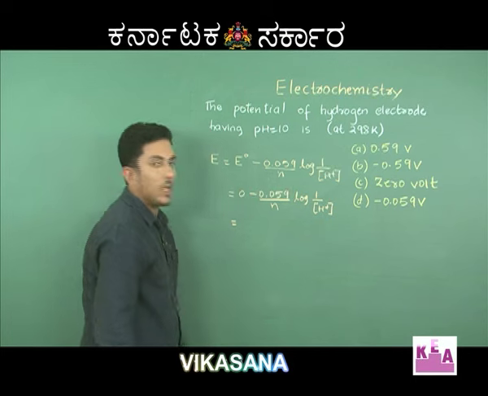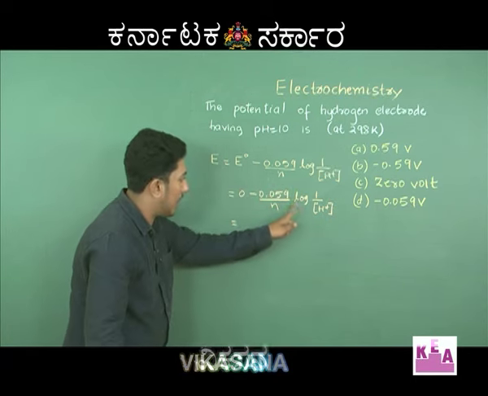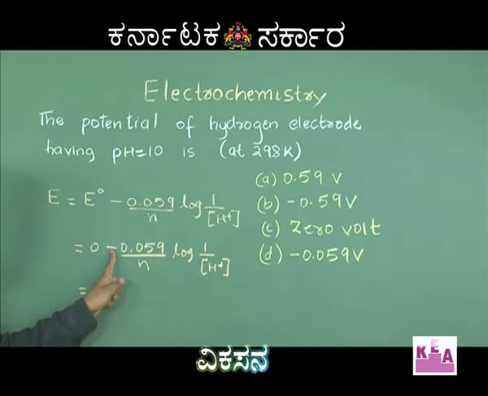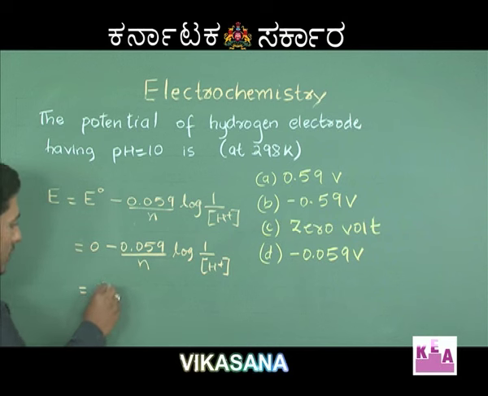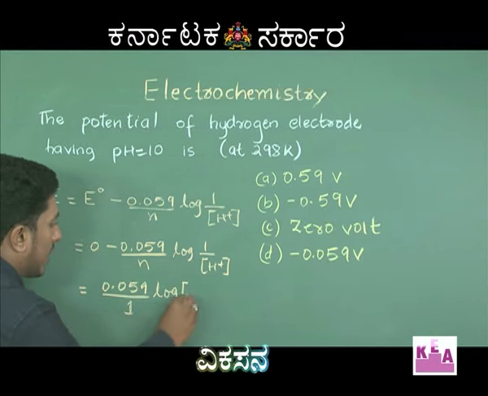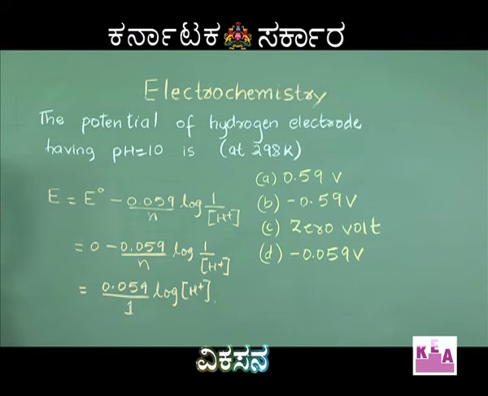Log of 1 by H+ is equal to minus log of H+ ion. Minus into minus will be plus, and the equation gets reduced to 0.059 divided by 1 into log of H+ ion. So we require the H+ ion concentration, but the H+ ion concentration is not mentioned. Instead, they have mentioned the pH value.